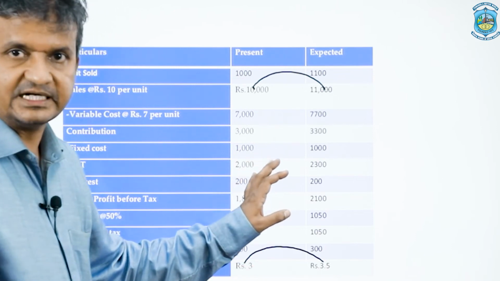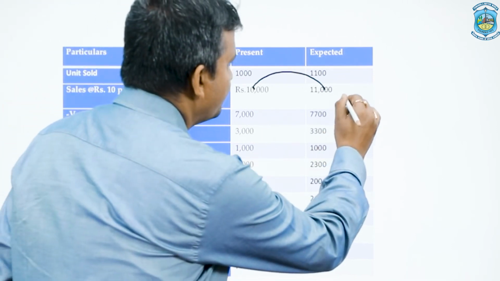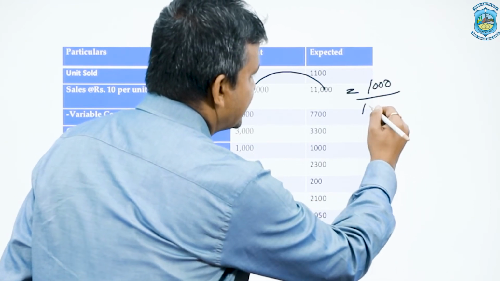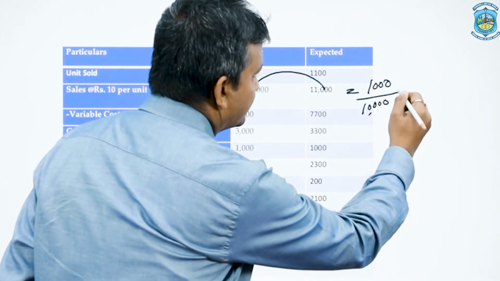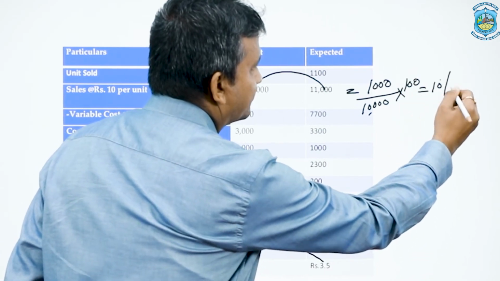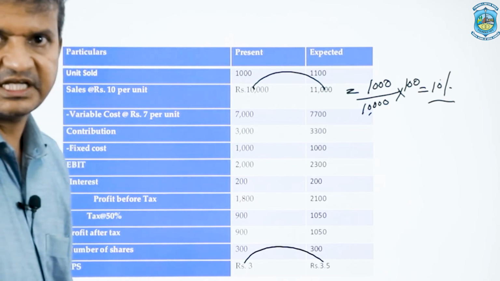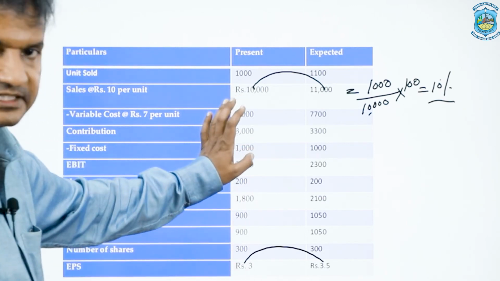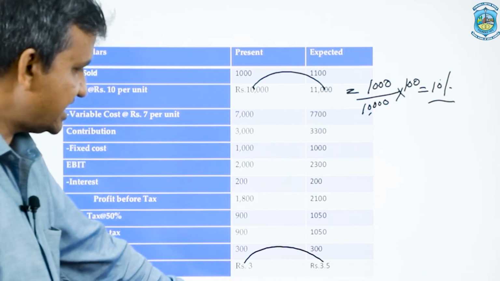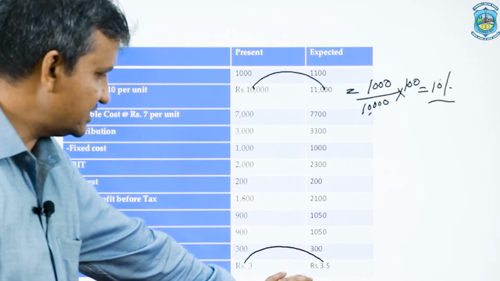So what is the percentage increase in sales? 1,000 has increased, base is 10,000. This gives you a percentage increase of 10% in case of sales. Now let's study the percentage increase in EPS. EPS has increased to 3.5 rupees from 3 rupees.